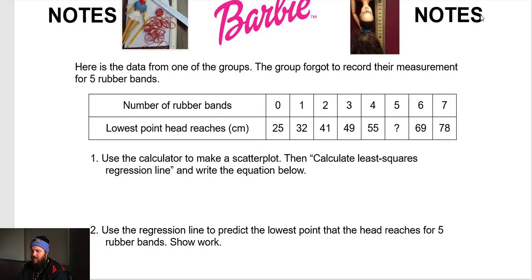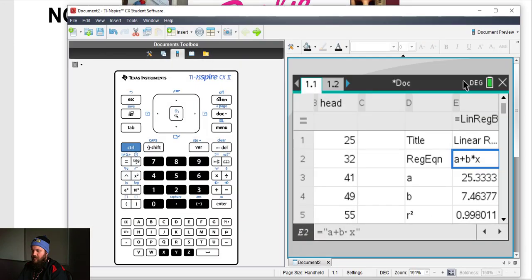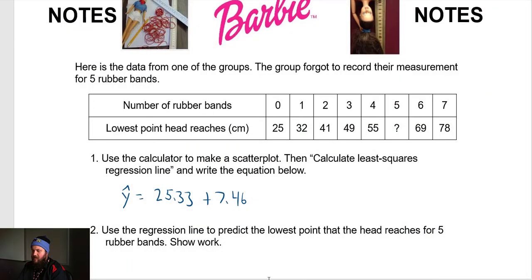So this will be written as your y hat is 25.33 plus 7.46x, okay?